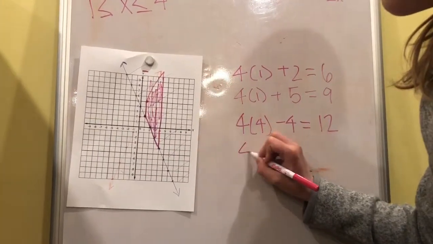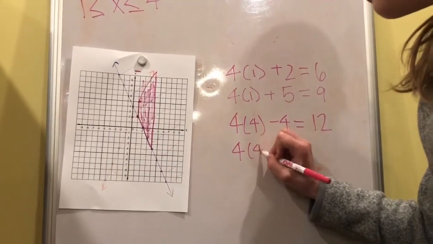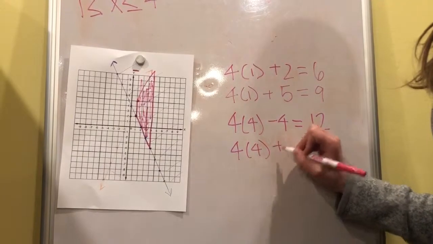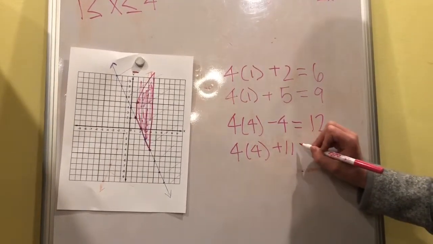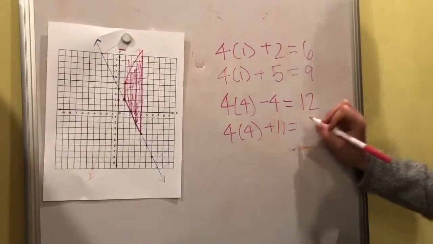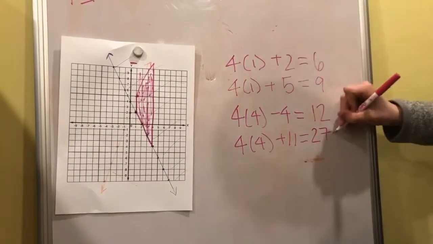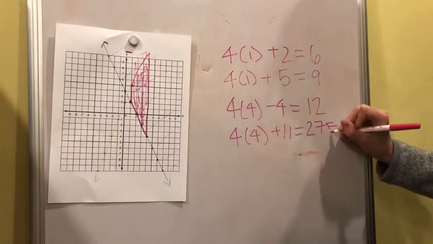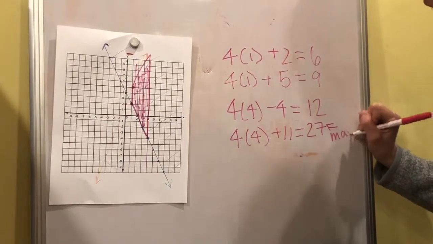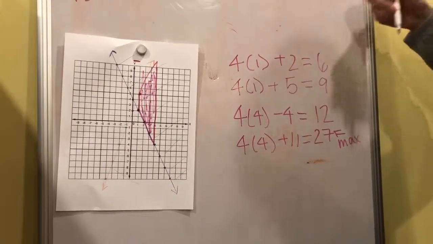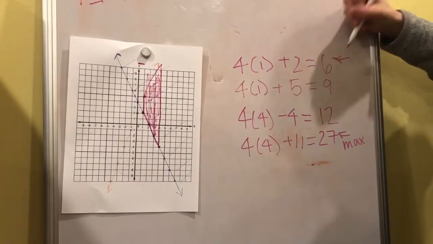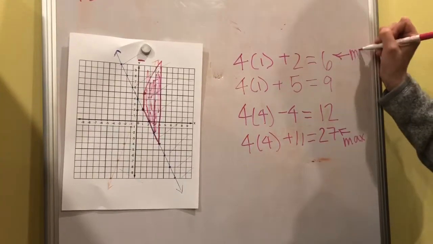So you do 4 times 4 plus 11, which equals 27. So 27 here is your maximum, and 6 right here is your minimum.